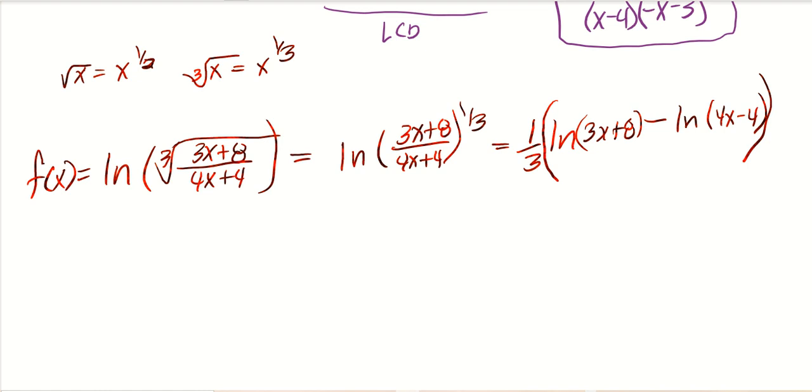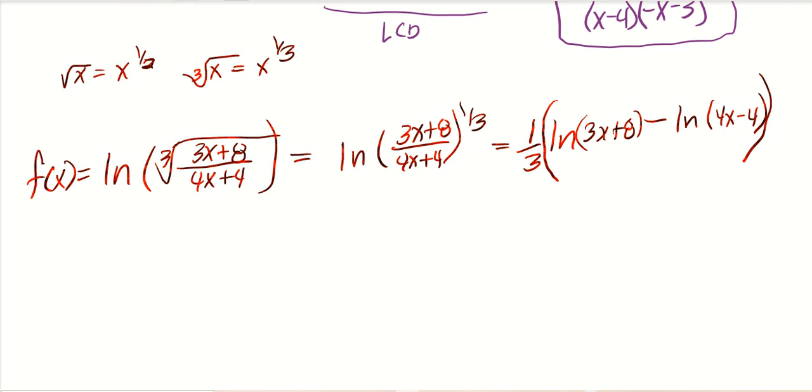Now, if we look very carefully, we can do each term first, and then come back and multiply everything by 1/3 once we clean up what's inside of the parentheses.